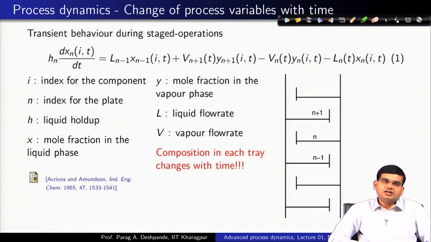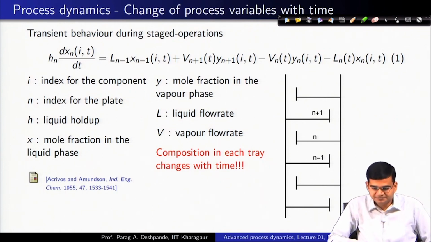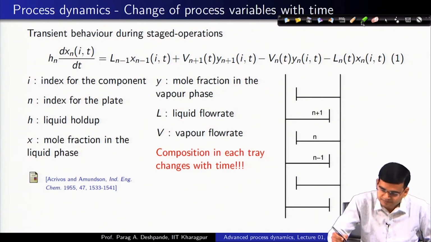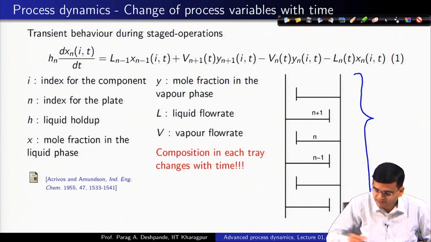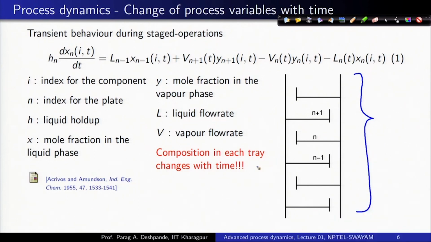One of the examples can be the staged operation of, for example, a distillation column. So, what you can see here is a distillation column with different number of trays, and let us consider 3 trays indexed as n plus 1, n and n minus 1.